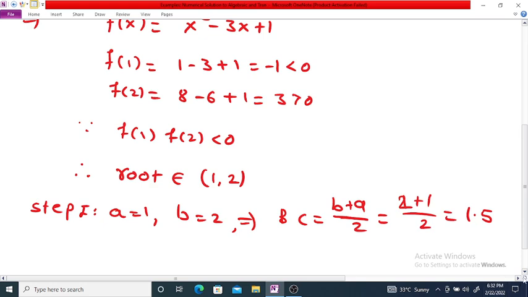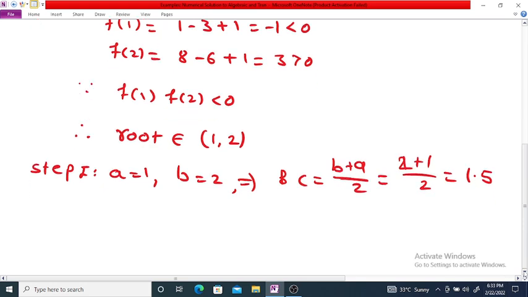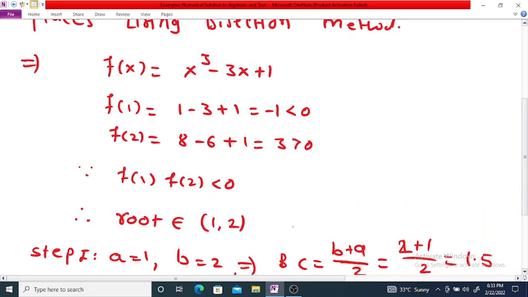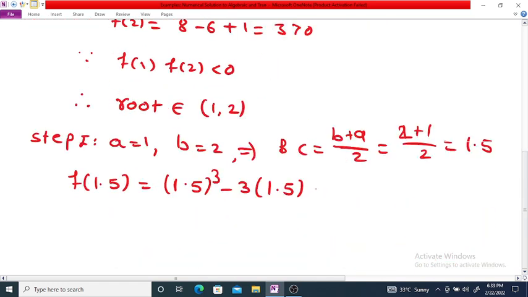Now we want to determine the sign of f of 1.5. The given function is x cube minus thrice x plus 1, so 1.5 cube minus thrice 1.5 plus 1, which if we simplify is equal to minus 0.125, which is less than 0.